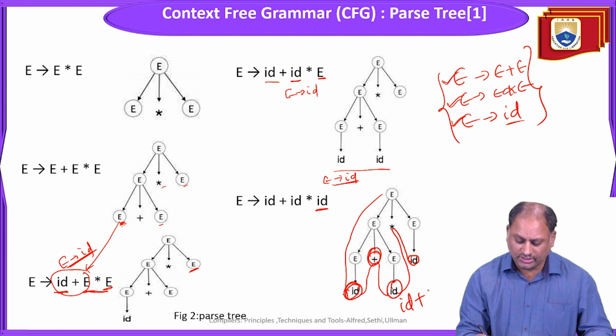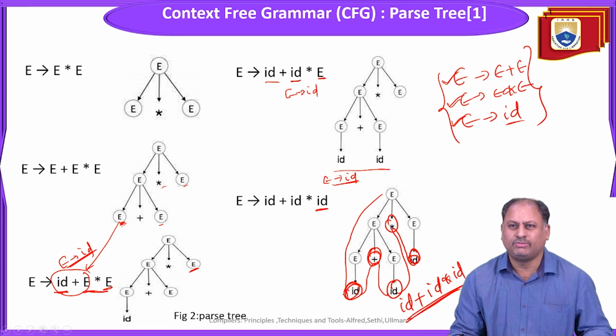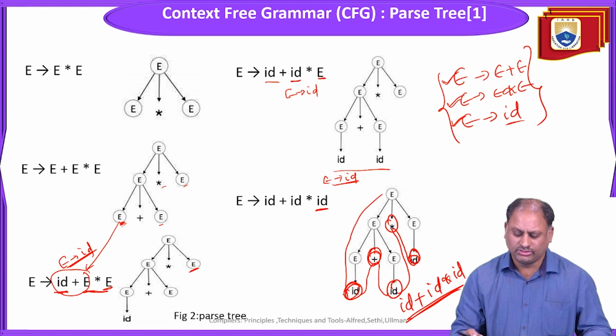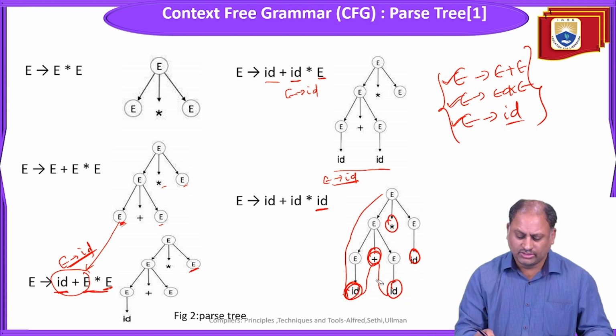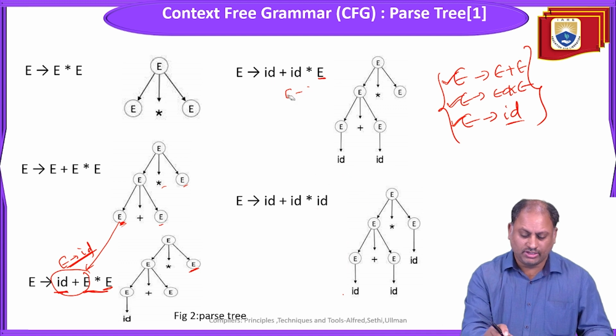So this is ID, this is plus, this is ID, this is star, and this node is ID. The final string derived from the parse tree is ID plus ID star ID. In this way, we generate parse trees for the given derivations.